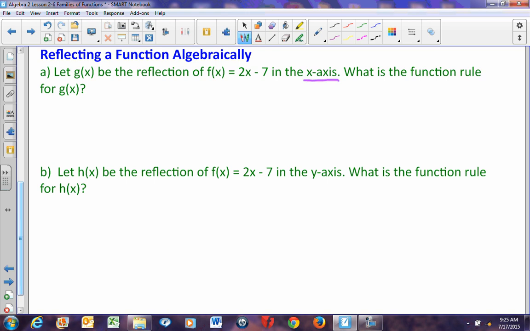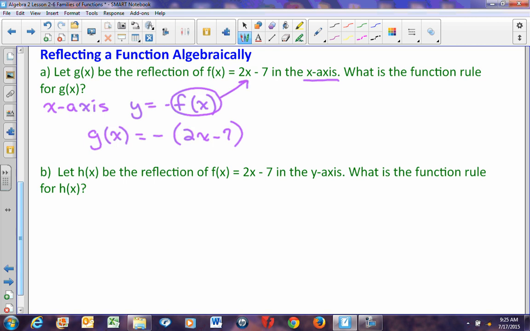Remember, the x-axis reflection is y equals negative f of x. You're going to do that particular function. So my g of x function is going to equal the negative of 2x minus 7. All I'm doing is I take my f of x, which is this, and I put a negative in front of it.